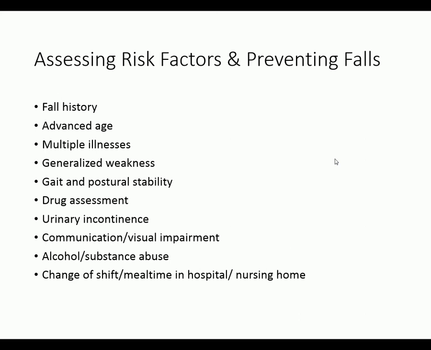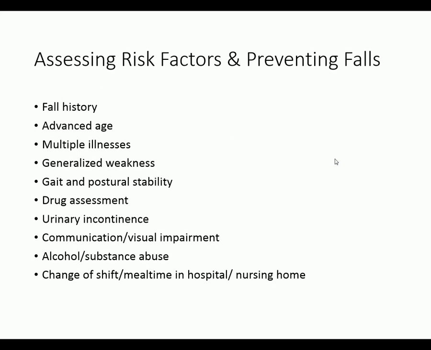Assessing risk factors and preventing falls. You need to assess a history for a fall, determine their age, what type of illnesses they have. As you can see, this list are all indications or risk factors for falls that you need to assess in your patients as they come into the hospital and every day. Okay?